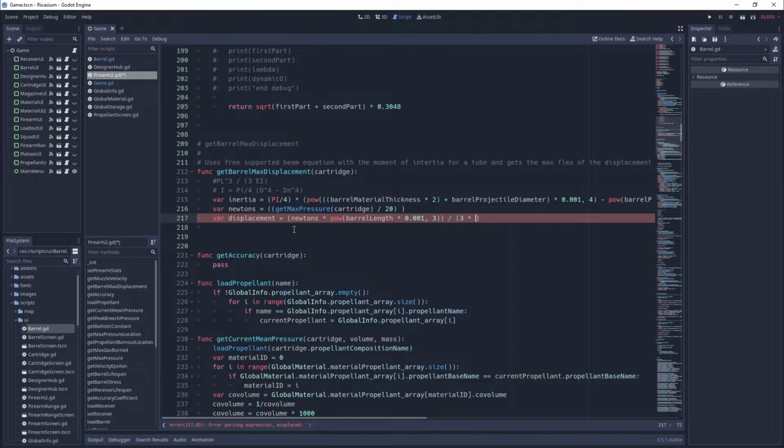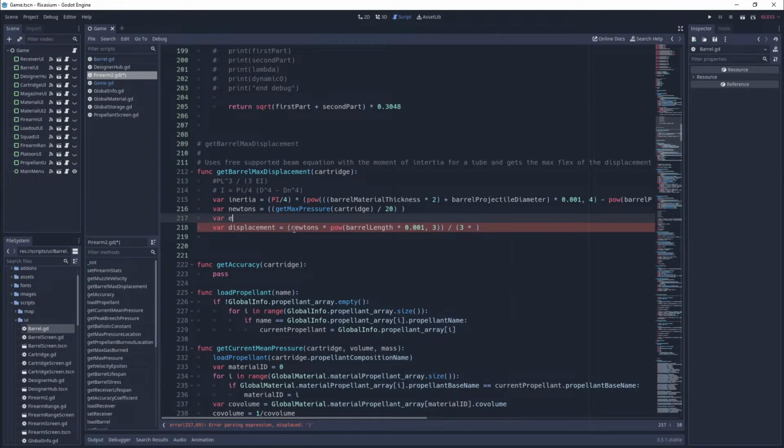And here, our modulus of elasticity. We are going to take barrel composition. Global material dot material array. Take the barrel composition.